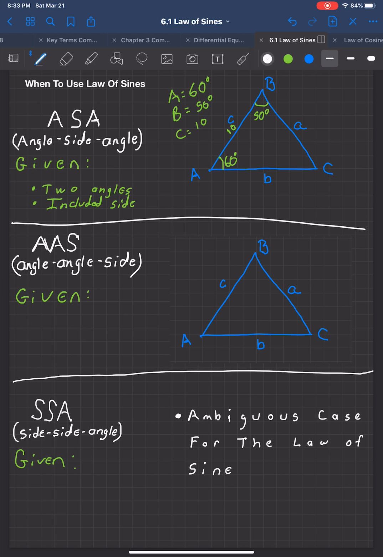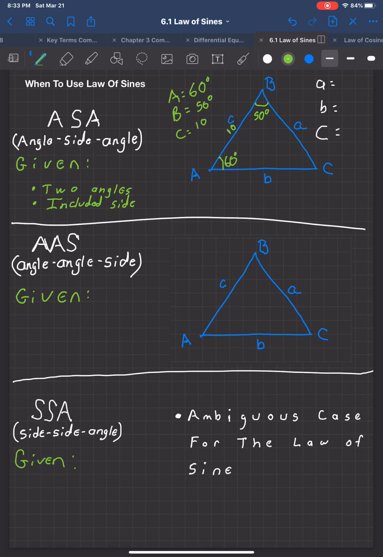And then what I would need from you is for you to be able to tell me what side A is, what side B is, and what angle C is. Are you with me? If you have all three sides and all three angles of a triangle, then you have solved the triangle. Ready? Let's go to another case, right? We'll come back and use the law of sines in just a second.